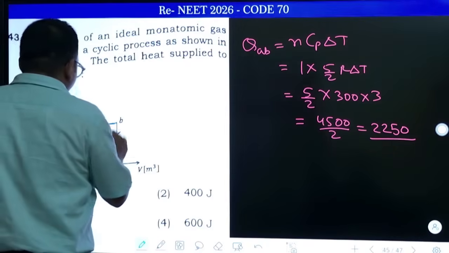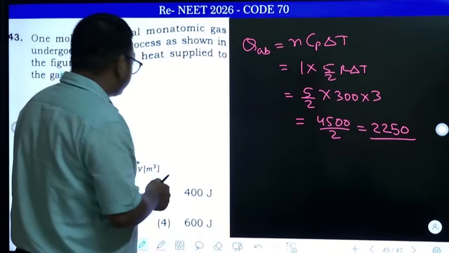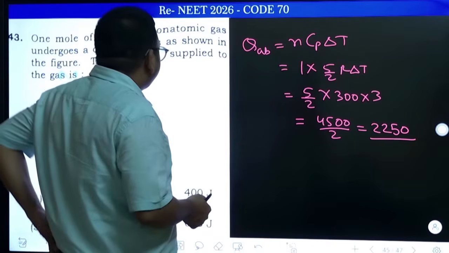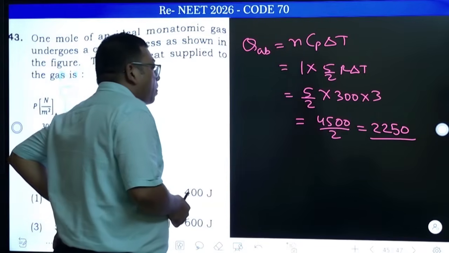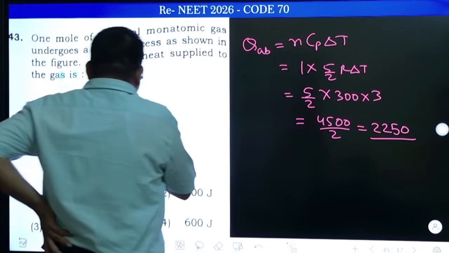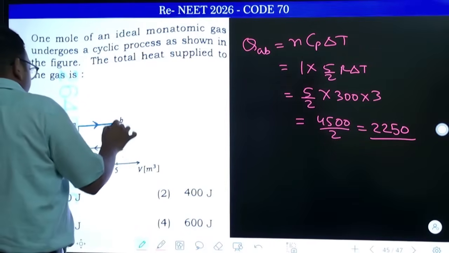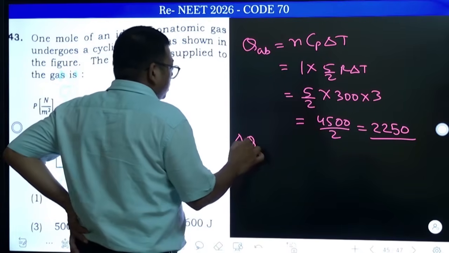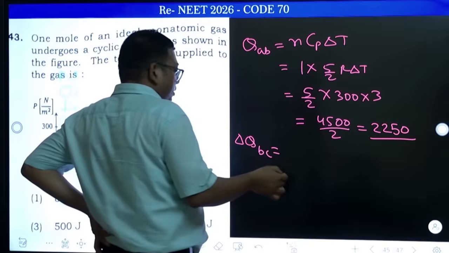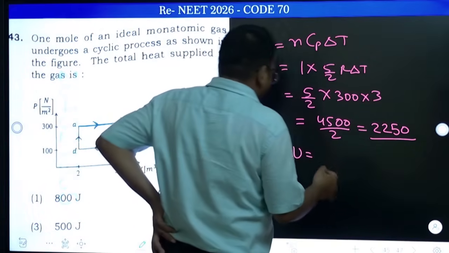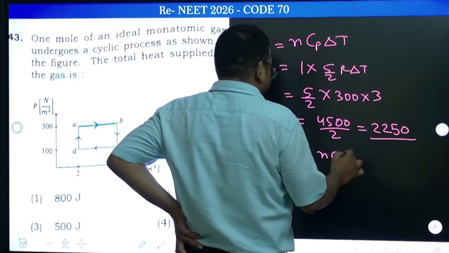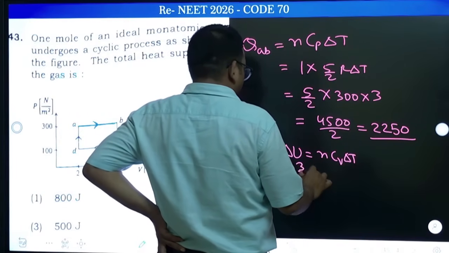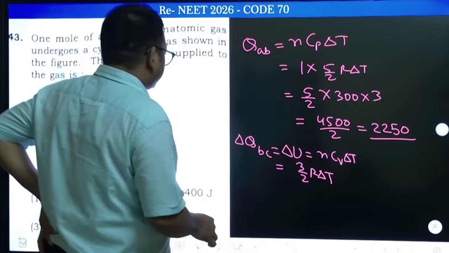Then B to C is an isochoric process, so work done will be 0. So change of internal energy is what we have to calculate. But again PV values they have given, so how do you calculate in this process? First of all, you check that the pressure is decreasing. For process BC, work done is 0. Change of internal energy is n Cv delta T. N is 1, Cv is 3 by 2 R delta T. How do you calculate this delta T?